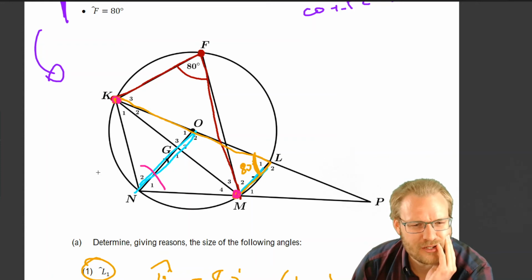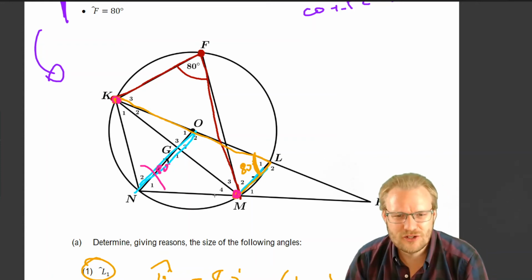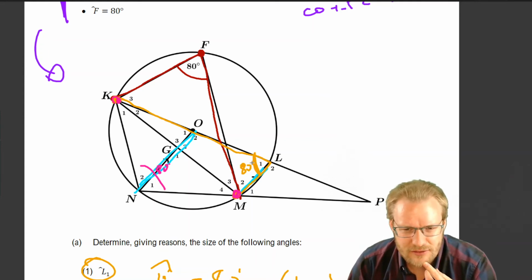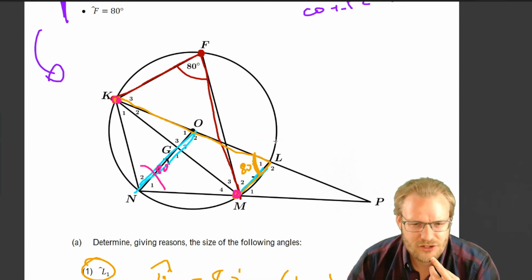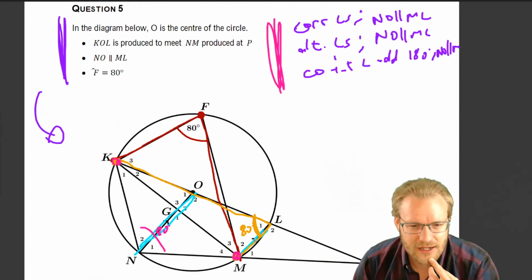I don't know, maybe that will be useful. This is what I want you to try and do before going, oh, solve each question. Is there something else? Well, if that's 80, we haven't used any of these reasons up here yet. Surely these parallel lines will help us in some way. Well, hint. Okay, so we can find that.